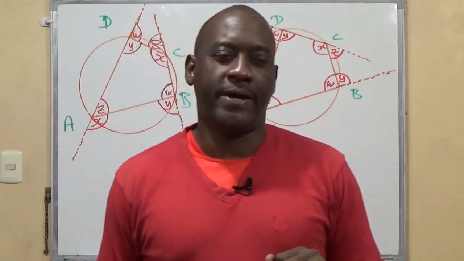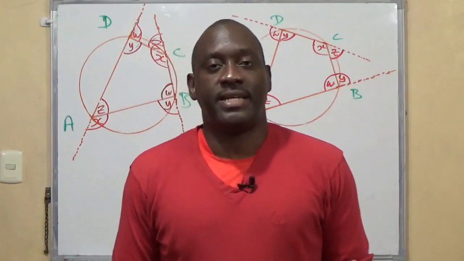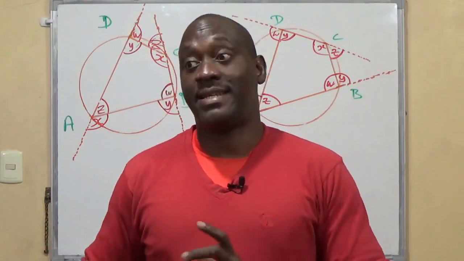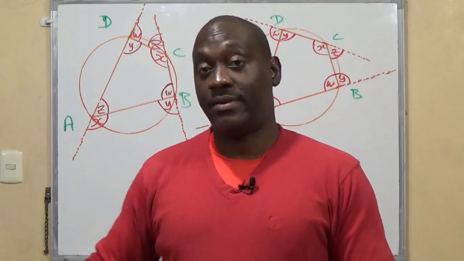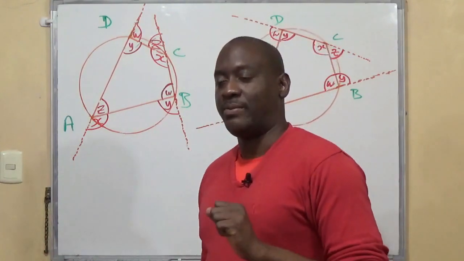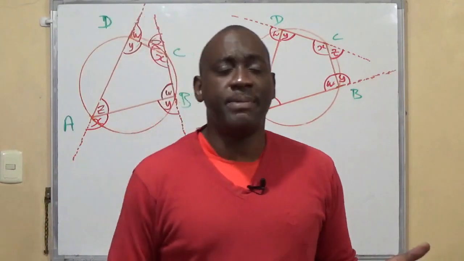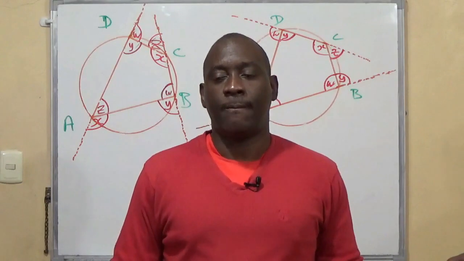As is almost always the case in the section 2 questions, there are certain things you had to know from before to get to section 2. If you're going through this video and you realize, but wait, he's talking about vertically opposite angles and I don't know what that means, then you have to go back and check it out.